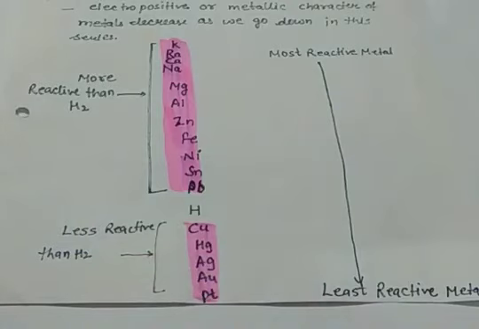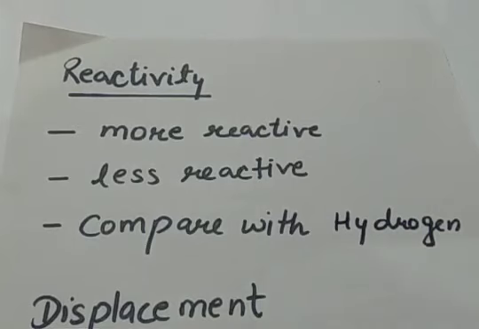We have compared the reactivity of the metals with hydrogen, which is a non-metal. So the metals which can lose electrons more readily than hydrogen are more reactive than hydrogen. Those which can lose electrons less readily than hydrogen are less reactive than hydrogen.